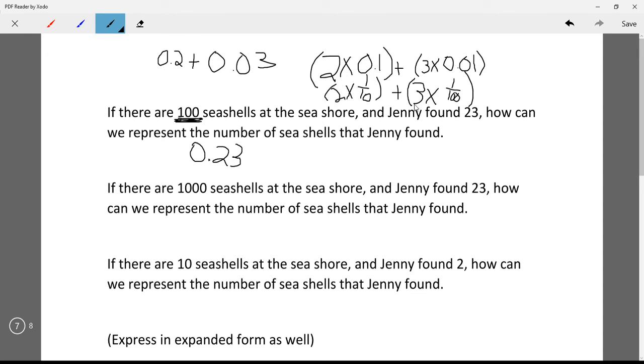Okay. So that is how we express it in the 3 ways to express it in expanded form.